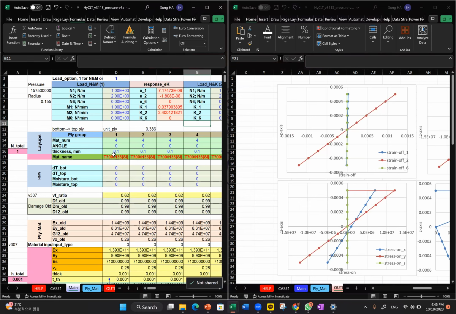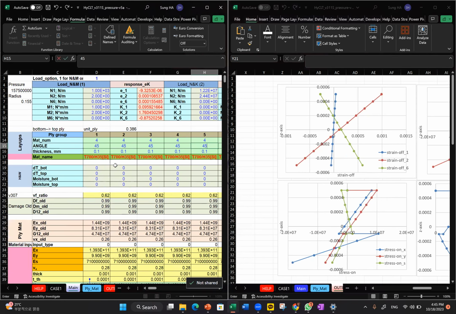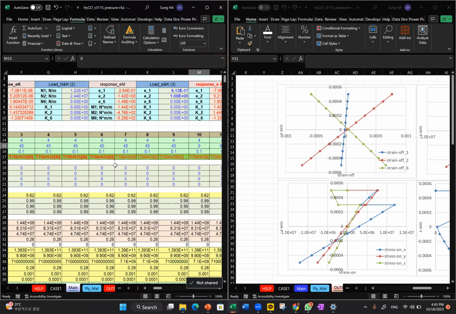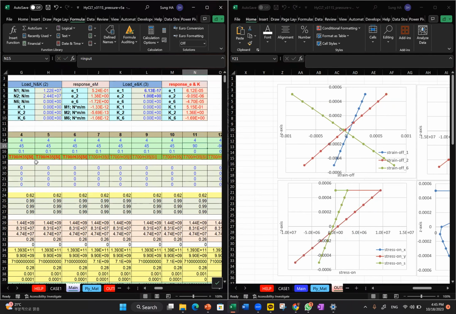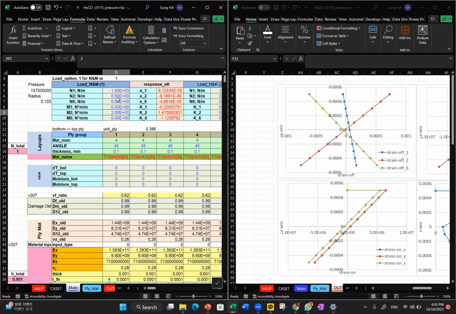Now, we'd like to give a certain angle, say 45 degrees, all 45-degree angle. So even under a very simple case, we apply N1 and 0 and 0.